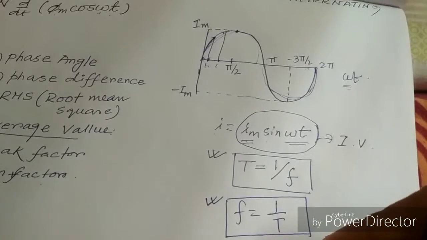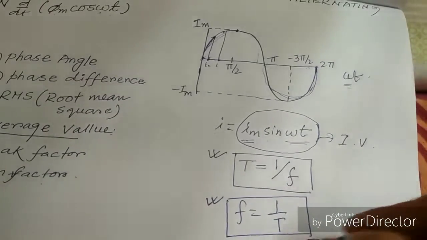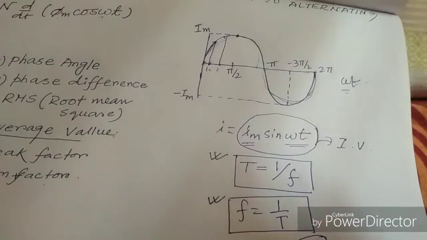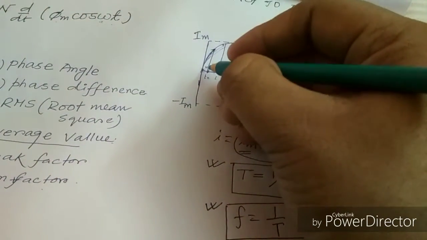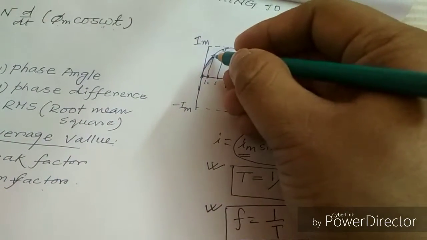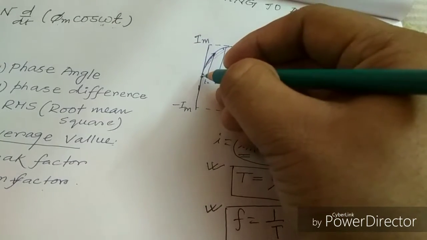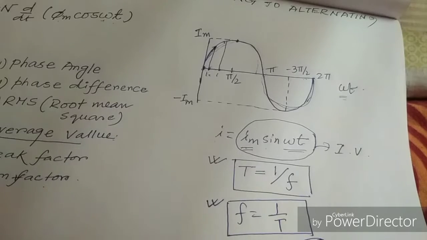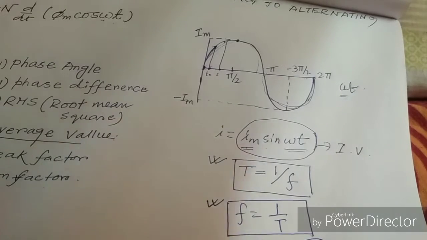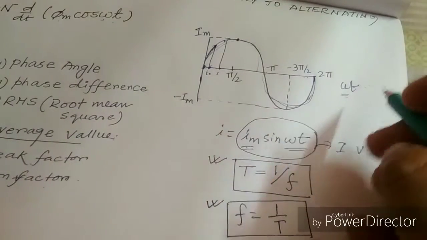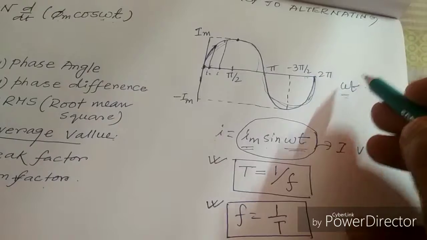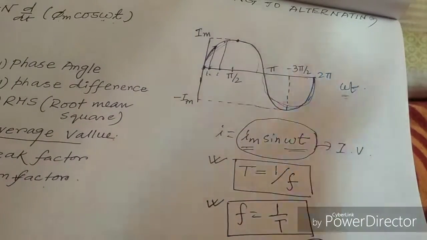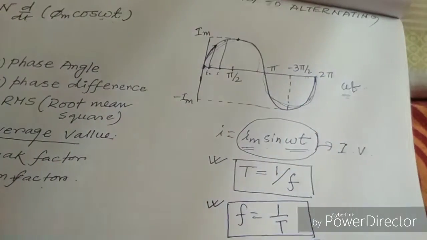So del omega t is the phase, the difference that has elapsed between the instantaneous current and the peak current, elapsed or gained. Phase is mainly denoted by omega, where omega is the angular frequency.